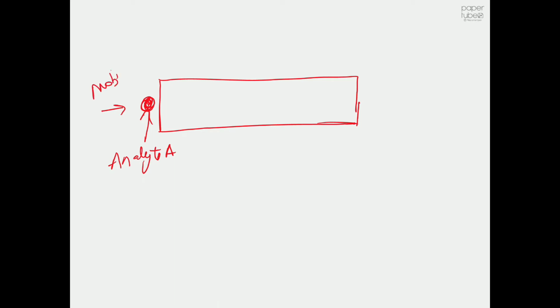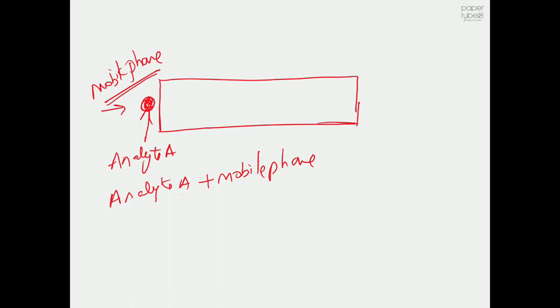We are supplying our mobile phase. It can be any solvent or a solvent mixture, and let's assume analyte A is soluble in the mobile phase. This is a must rule. And then analyte A also interacts with our silica particles, which is nothing but our packing material in the column. So just assume everything is packed with silica particles.